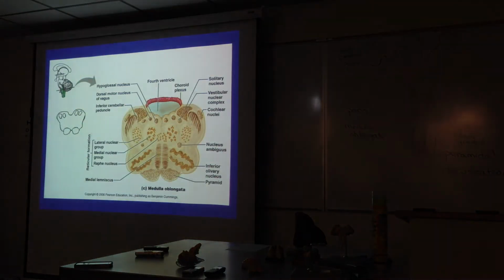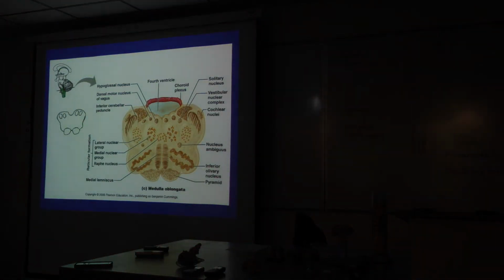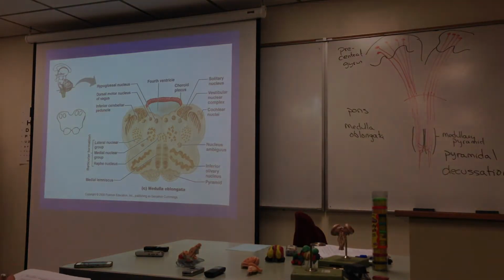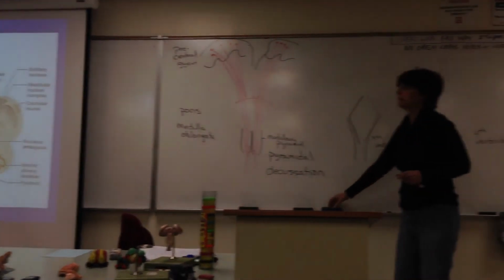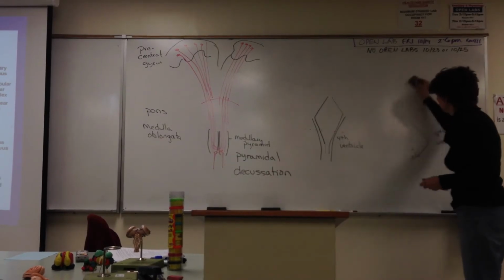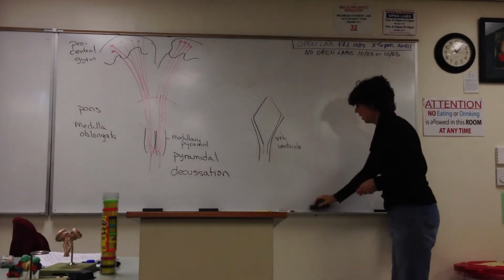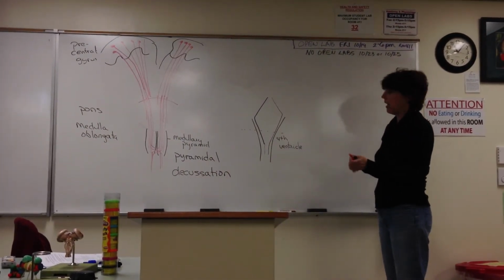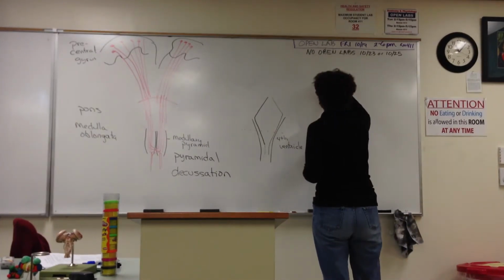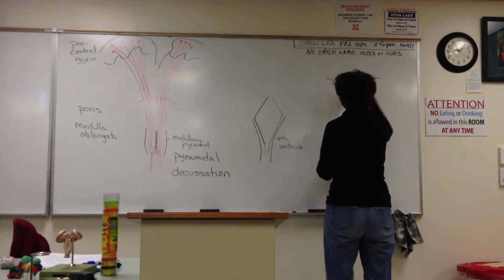So now I want to look at a cross-section, a transverse section of the medulla. This is taken a little bit higher up where we can still see the fourth ventricle. I'm going to draw one that's kind of in between. And so here would be the opening of the fourth ventricle.